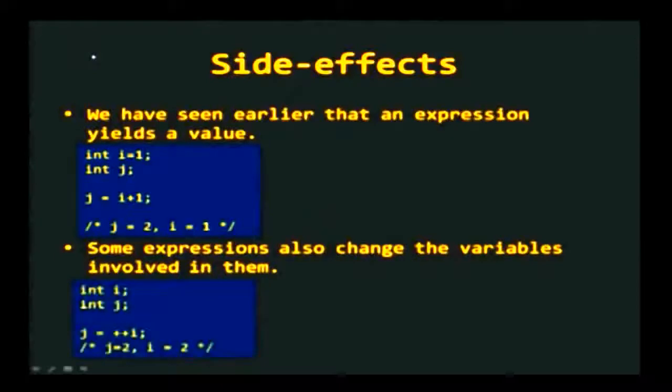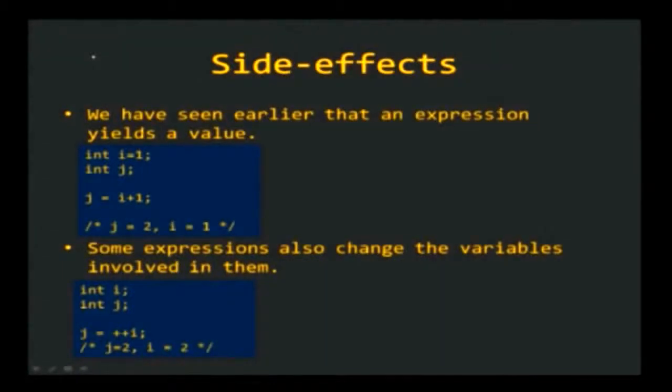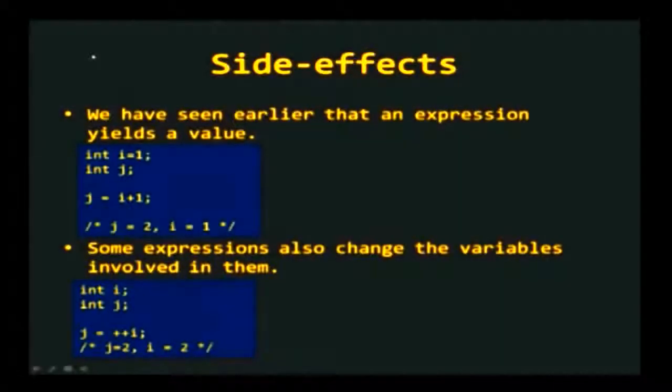Okay. Now, some expressions in C also change the variables involved in them. For example, if you have a code like int i, let us say i is initialized to 1, int j, and then you say j equal to ++i. In this case, what happens is that you take the value of i, increment it, so you will get i equal to 2, and then that incremented value is assigned to j.